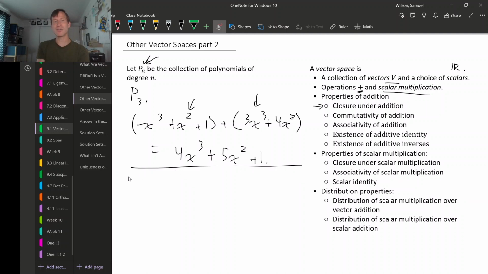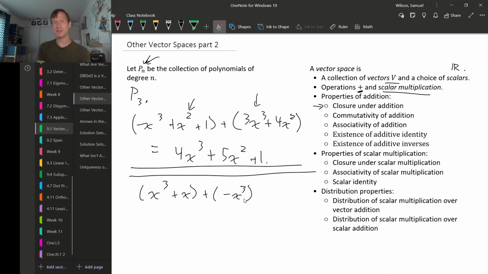So let's see, are there any ways that we could add two polynomials of degree 3 together and get a polynomial that's not of degree 3? Well, yes, that is possible. We could add x cubed plus x to negative x cubed.